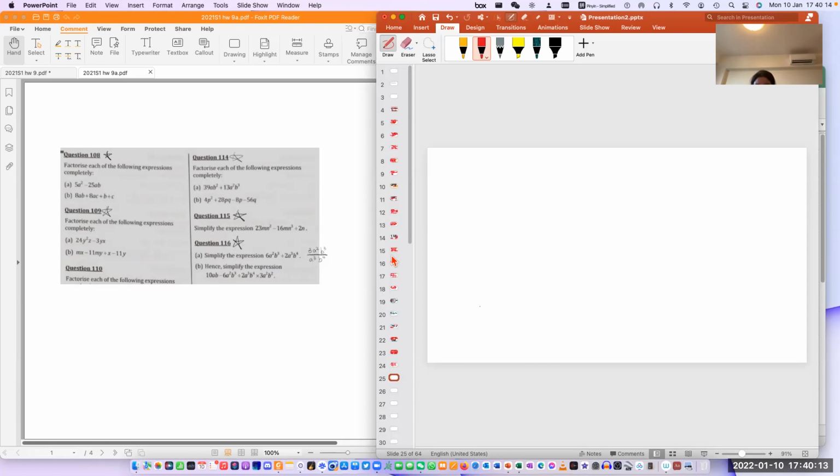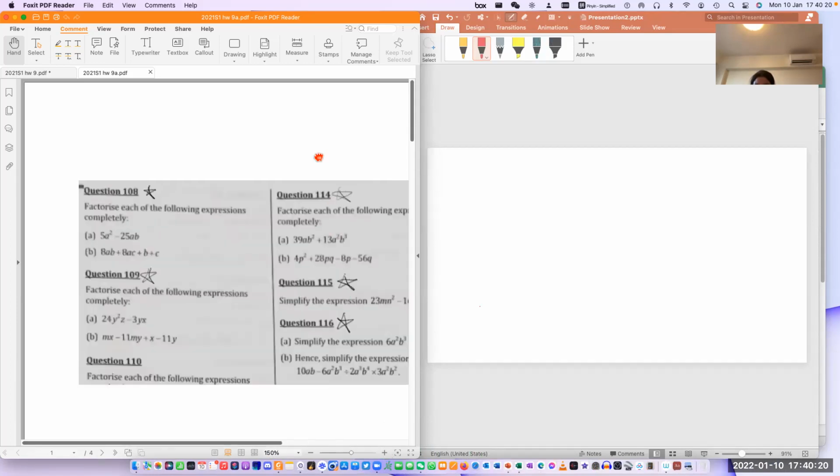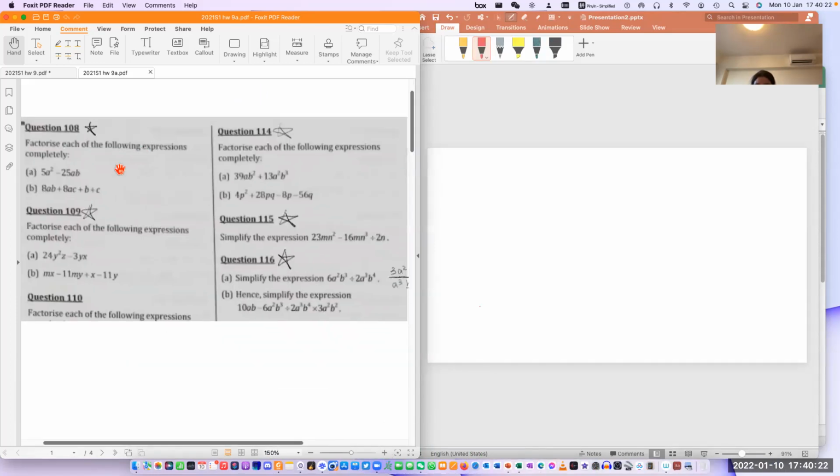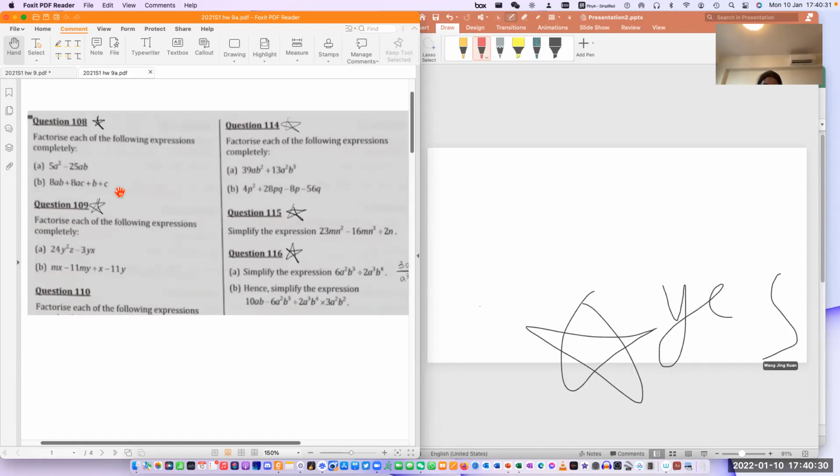Okay, let's look at this over here. Well, a lot of stars, huh? It's like I'm looking at the sky, a lot of stars. Stars means don't know how to do, right? Okay, good. Factorize.